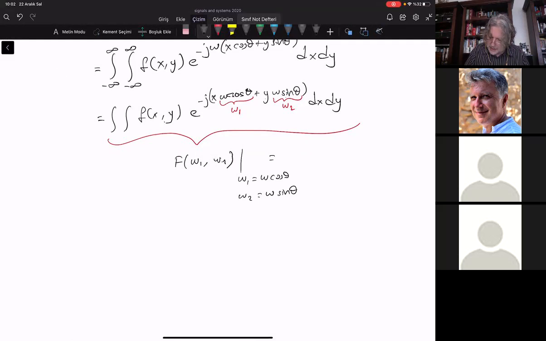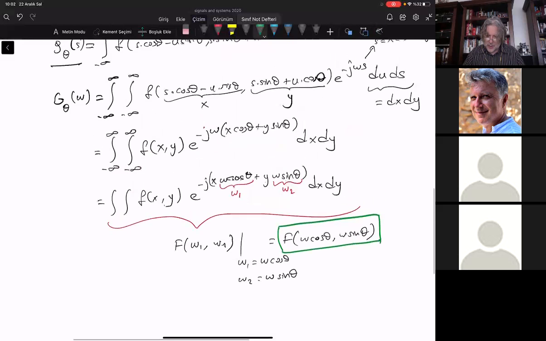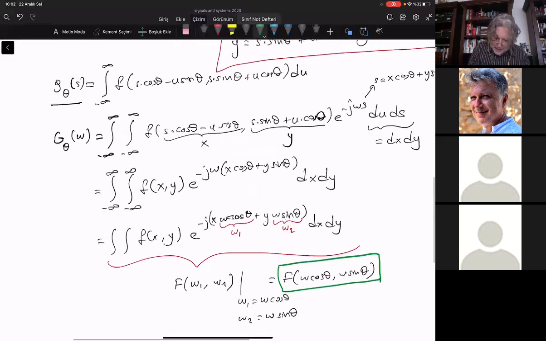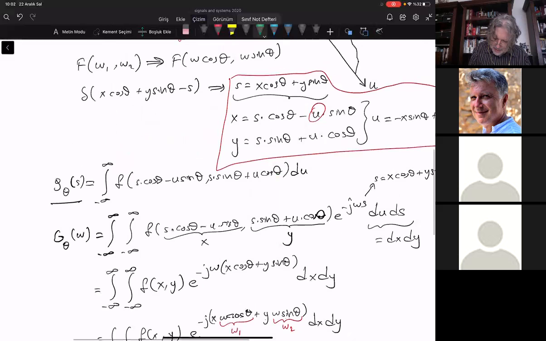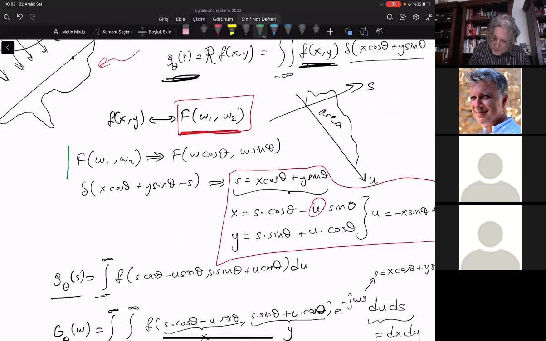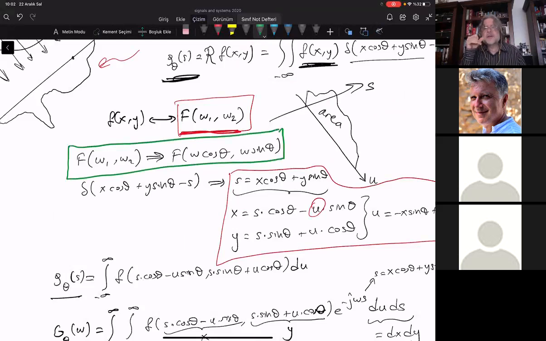So I can write it like f of omega cosine theta comma omega sine theta. Now, remember this. Let's put it in a box, in a green box. Remember this formula, and let's go back, roll back, and look at this formula, which was the polar coordinate wise expression of f of omega 1, omega 2.